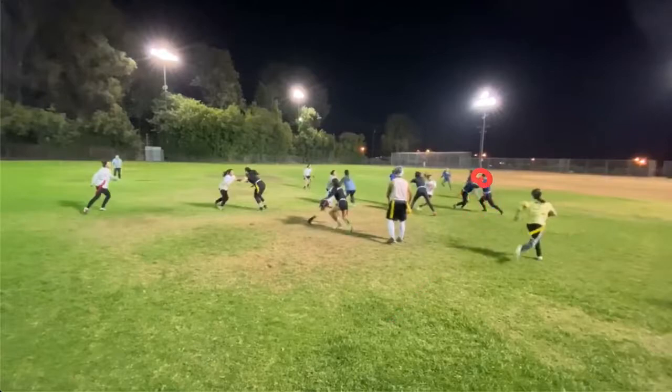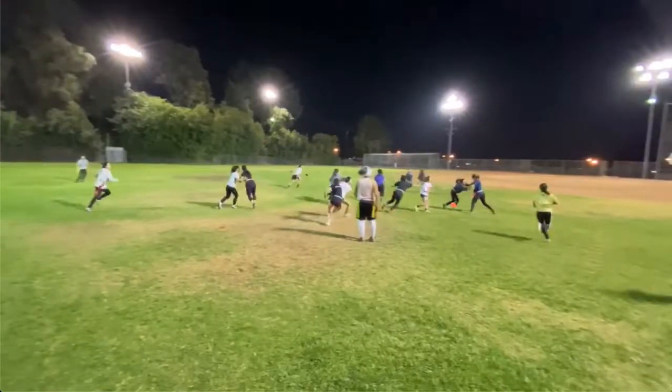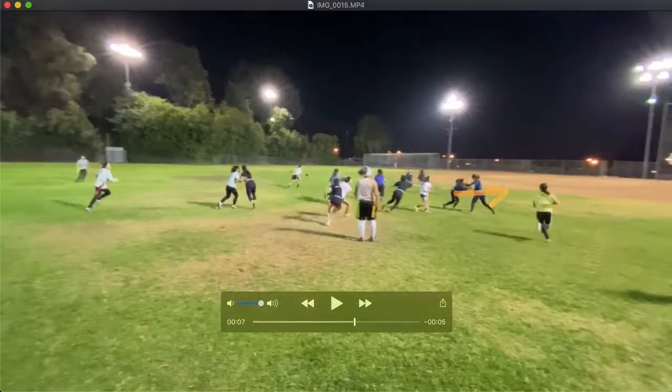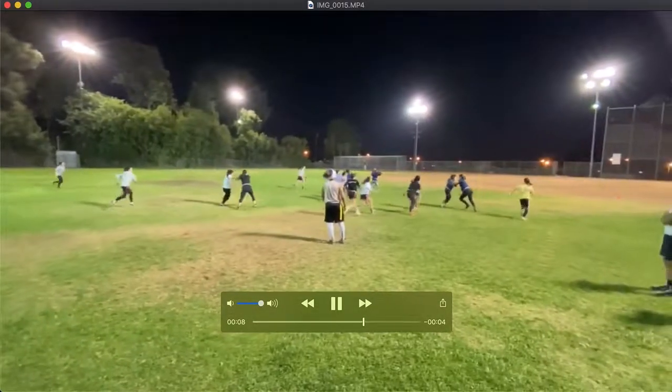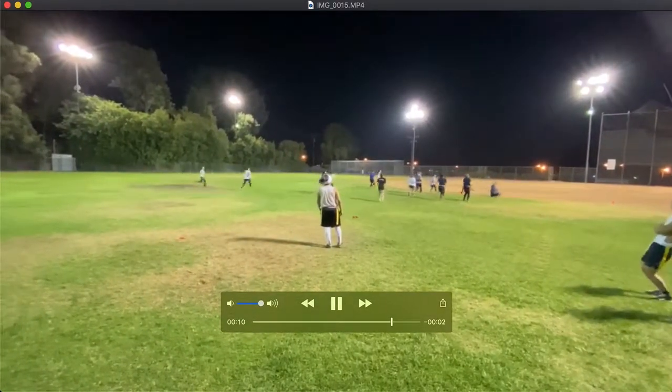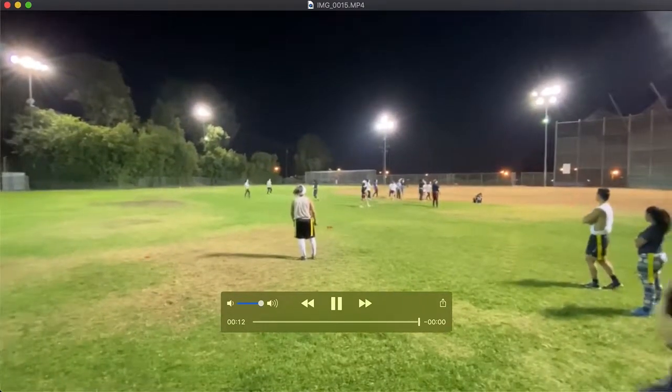I would always like to say eyes at the pad level or eyes at the numbers level. So you see how even though Chanel is also strong, she's pushing Chanel all the way back out. And this is just leverage. The lower person wins. Good job, Lindsay! Great flag pull by Lindsay.